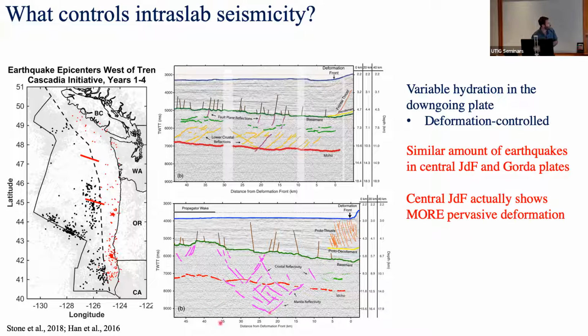We have a lot more peridotite for our mantle lithosphere than we have oceanic crust. So that would be a more effective mechanism to take fluids down into the subduction zone. But what we're seeing is we don't have much seismicity in central Cascadia, right? Whereas this would imply that that's where the bulk of the seismicity should be occurring if that seismicity is driven by that dehydration embrittlement mechanism.